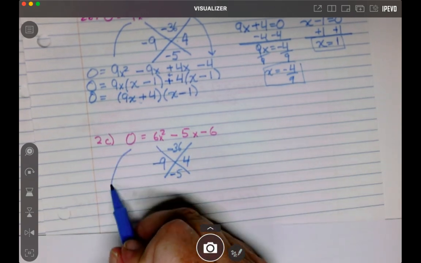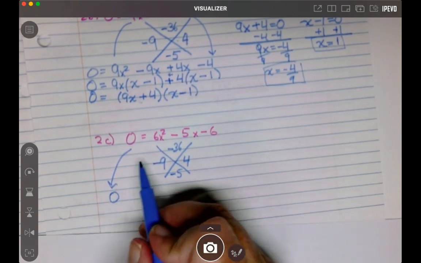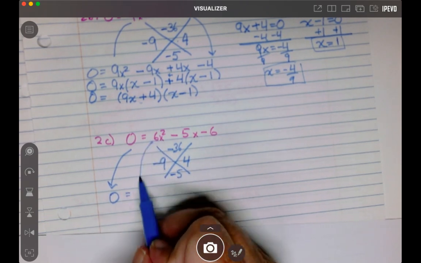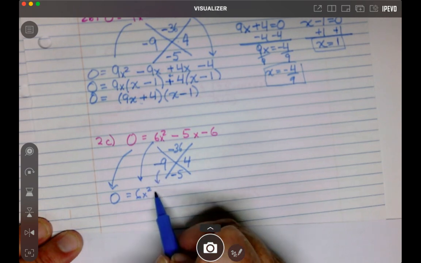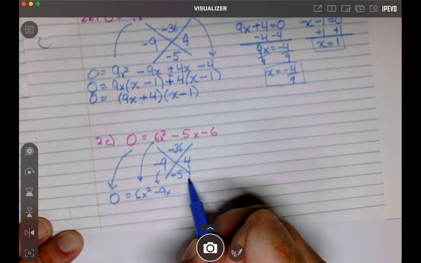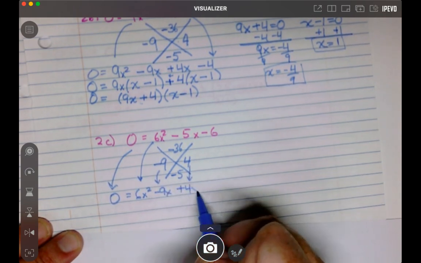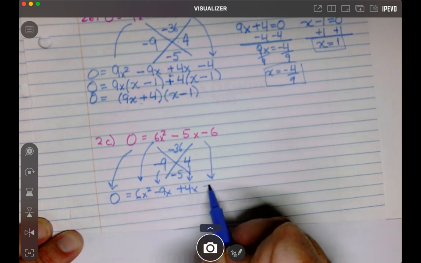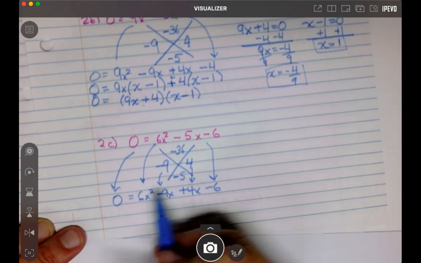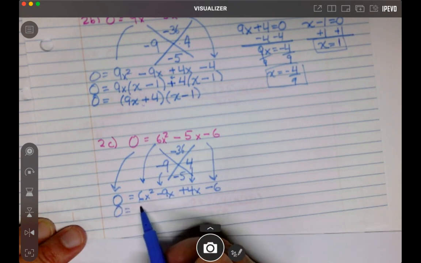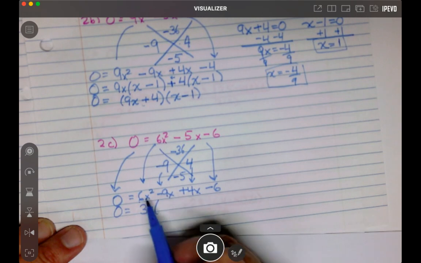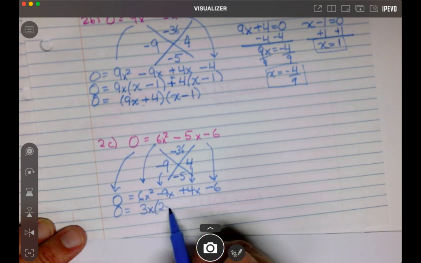So here I bring down my 0 and my equals 6x squared, then minus 9x plus 4x, and then I bring down that minus 6. I'm looking for the greatest common factor in the first 2 terms, and what I get there is 3x, because both of these terms can be divided by 3, and they can divide by x. 6x squared divided by 3x is 2x.